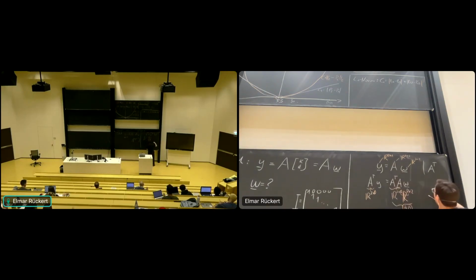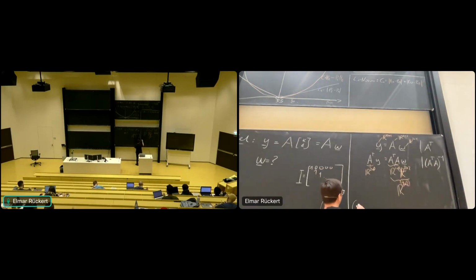So look at my equation here. We have A transpose times A times W. Now, if I multiply that with the inverse of A transpose times A, I get something that is very interesting.